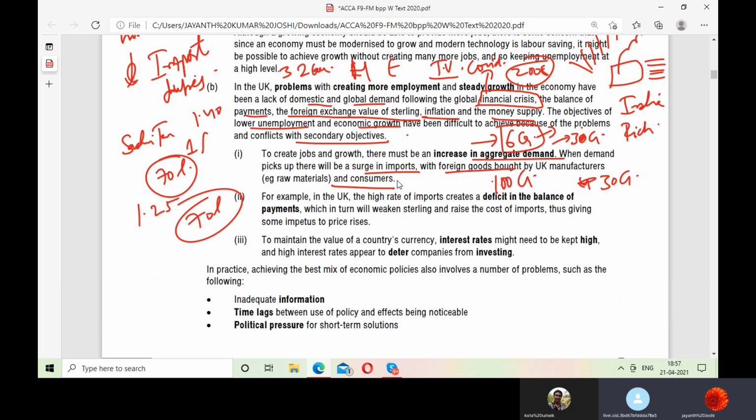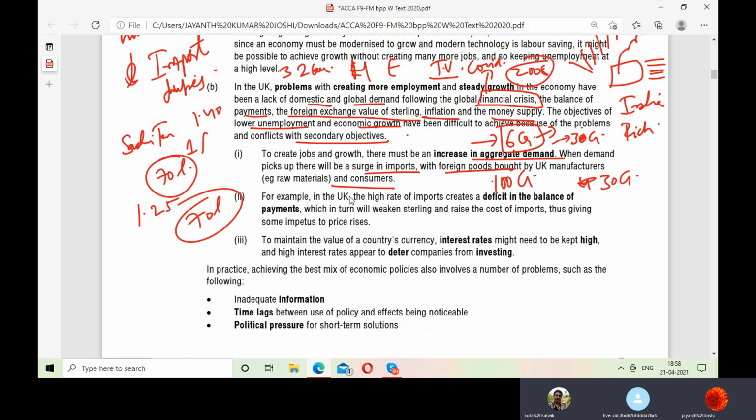See what happens if the demand is even high. UK currency is very strong, and UK will not export to anyone. Who will buy UK's goods? It's very costly. So rather they will import more, and when imports are cheaper, why will they produce? That again is stupidity.